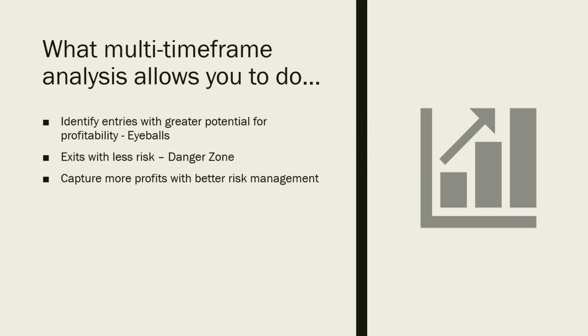And if you hold it too tight when it's made progress, then it struggles. So understanding when to give trades more room and when to give trades less room, at different times, multi-time frame analysis helps with all that as well.